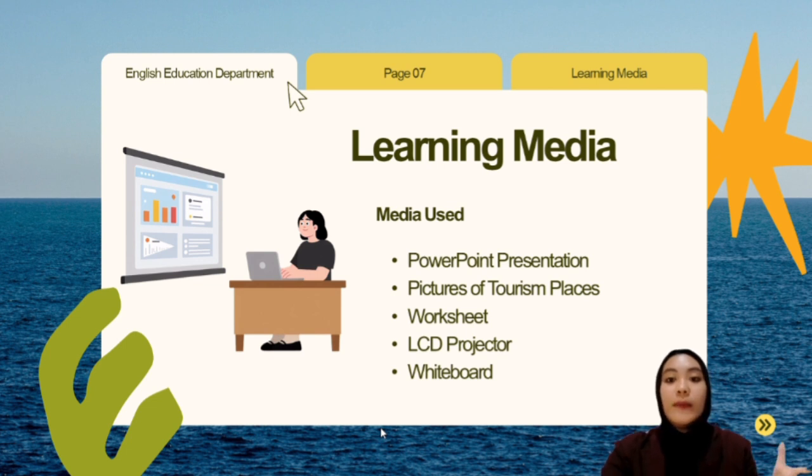The use of visual media helps students understand the topic more easily and makes the learning process more engaging. The worksheet is also important because it provides opportunities for students to practice analyzing and producing descriptive text.